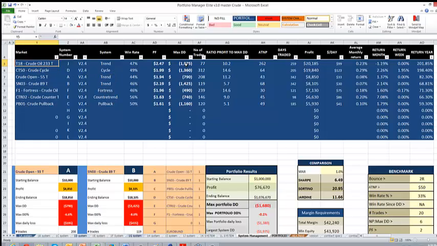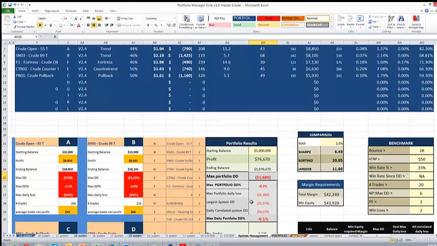But that's the drawdown. Now, this is the advantage to having a multi-system. Have a look at the portfolio drawdown on this crude portfolio. It's 1680.